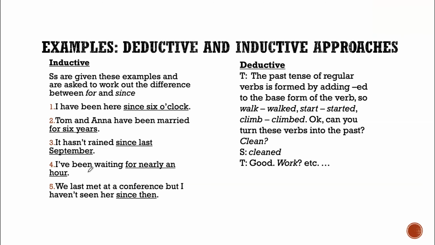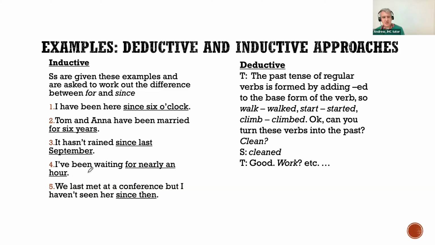It hasn't rained since last September. And number 4? I've been waiting for nearly an hour. So the last one: we last met at a conference, but I haven't seen her since then.